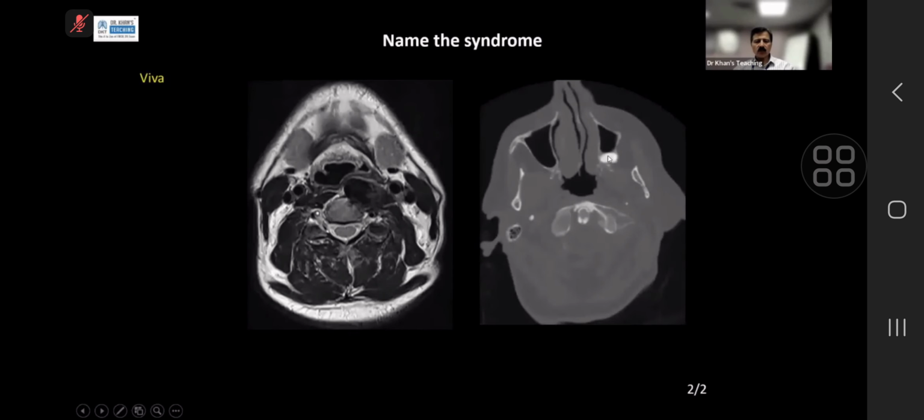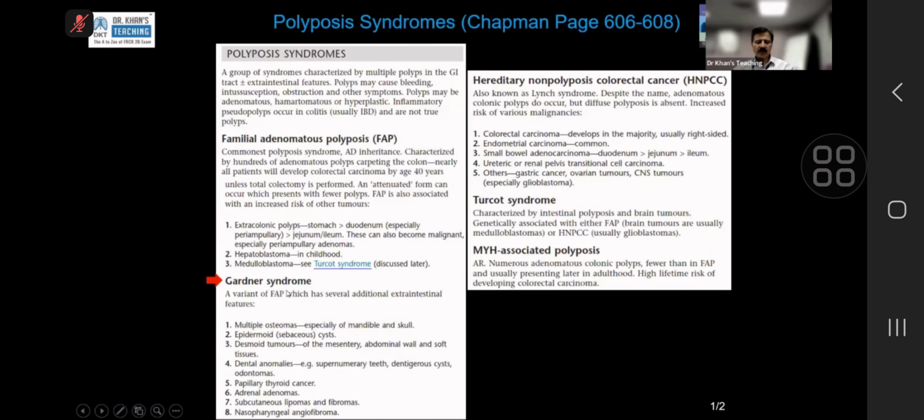So in Gardner syndrome, what happens is, Gardner syndrome is a very important one, we covered it when we covered GIT. And in Gardner syndrome, of course, the patient will have familial adenomatous polyposis, and we know that these patients will have a colectomy at the age of about 20 or so. Otherwise, it is pre-malignant. And there are other entities which can happen.